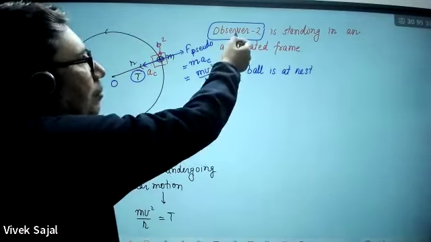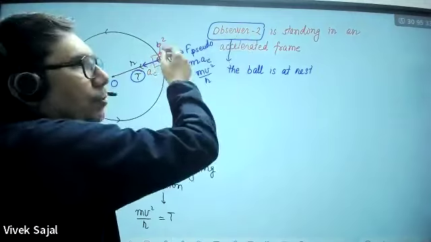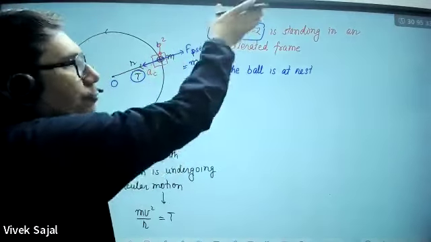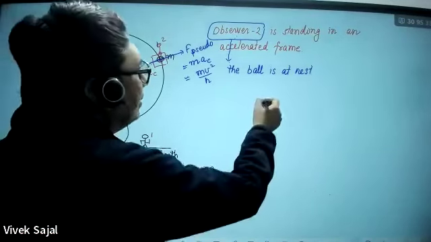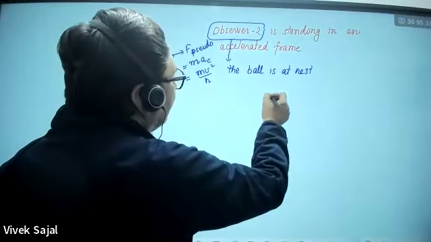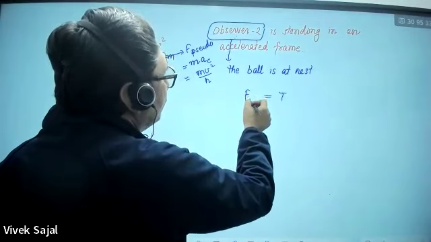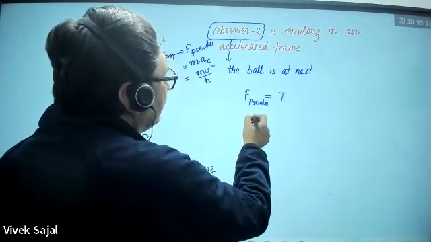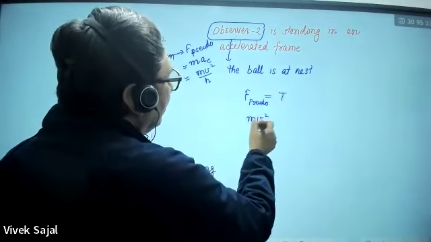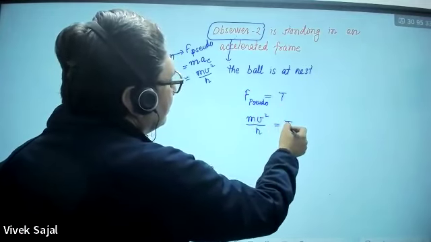How can this person justify that this ball is at rest? He will apply a pseudo force in the radially outward direction, and he will say that this tension is balanced by this pseudo force. The pseudo force is m v square upon r, and it balances T.